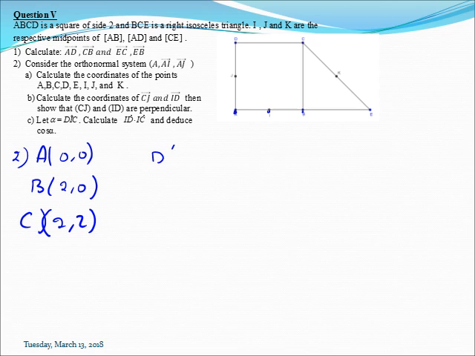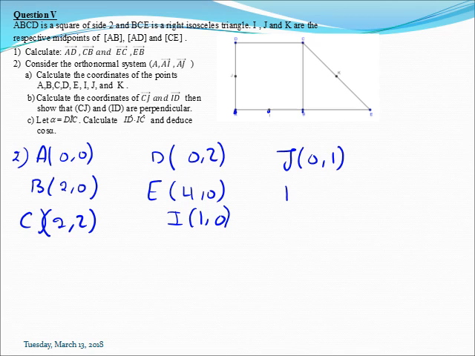D is (0, 2). E is (4, 0). I is (1, 0). J is (0, 1). K is (3, 1).